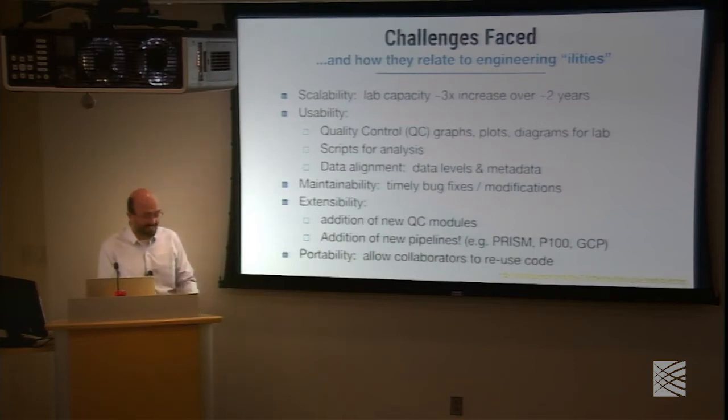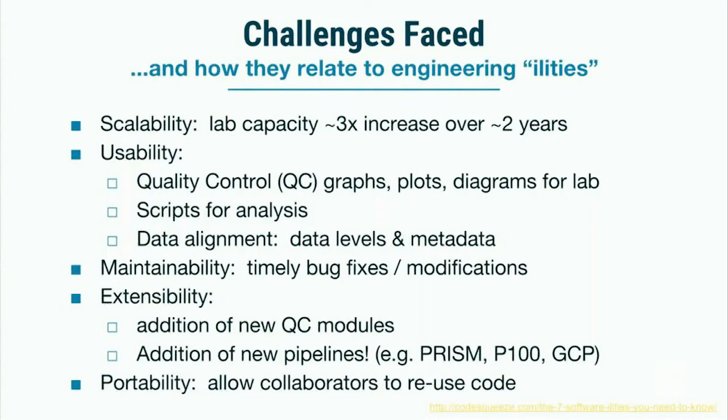These are a little more technical, but it's equally important that any analyst on our team should be able to go in and, without too much pain, fire up one of our scripts and use it. And then finally, as I mentioned earlier, data alignment. We want to make sure the data levels across all these assays are relatively synchronized and that the metadata isn't too disparate. And that's always an ongoing challenge.